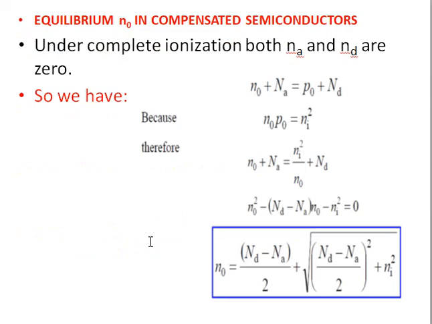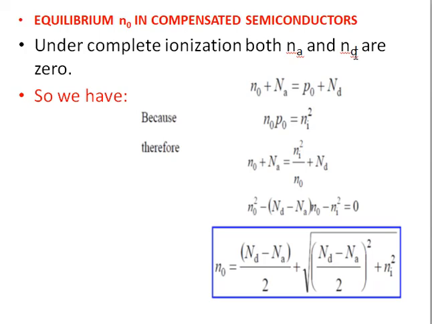So we now look at the equilibrium condition when we have semiconductors which are fully compensated. Which semiconductors are said to be fully compensated? They are the ones that are under complete ionization, where Na and Nd are equal to 0. What we mean by this is that whenever temperature rises, we know an electron and hole pair is created in such a way that the bonds are being broken.